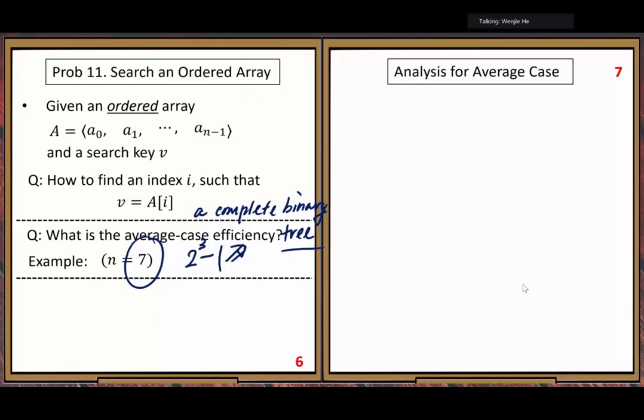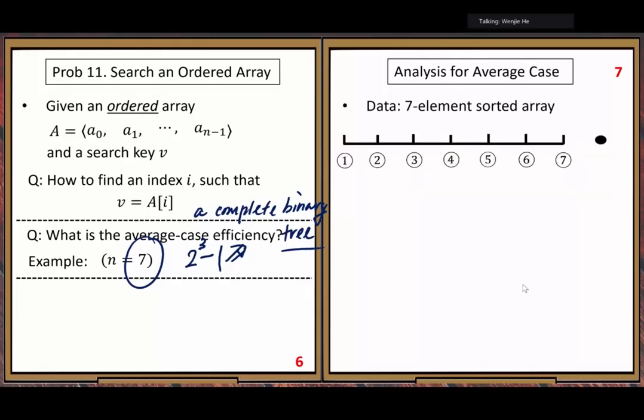All right. So now let's do the calculation work. We have 7 positions in a given array. Then this black dot is the given key. So we do comparison.